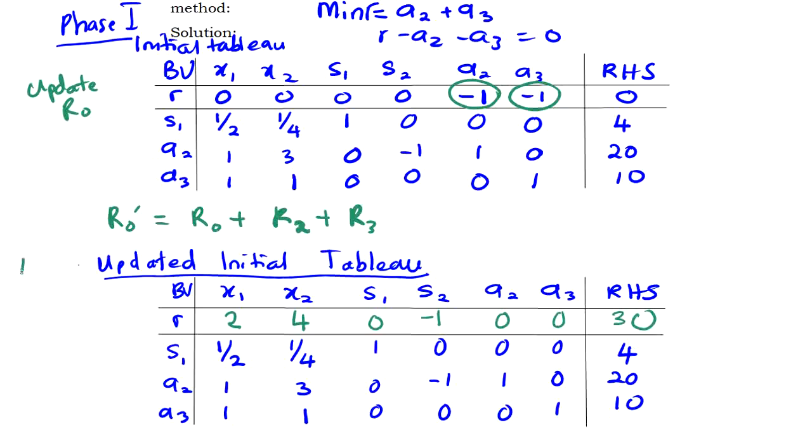Because this problem is minimize R, we don't want any positive value in row 0. Therefore, we choose the most positive value, which is the coefficient of x2, as the entering variable.